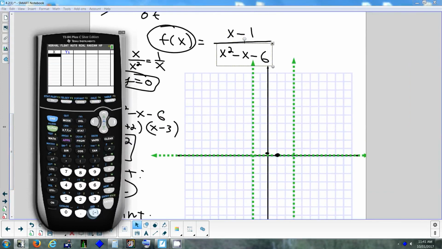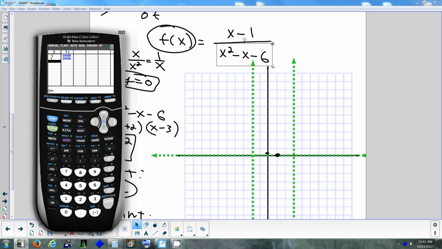Now, if you try negative 2, we get an error, because that's divided by 0. If you try 3, we get an error. So we just confirmed that those are the correct asymptotes. The factoring was pretty straightforward, so I think we already knew that.